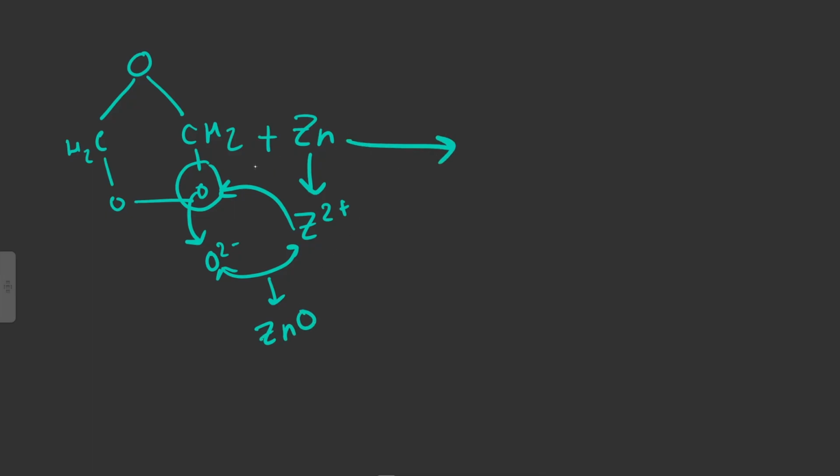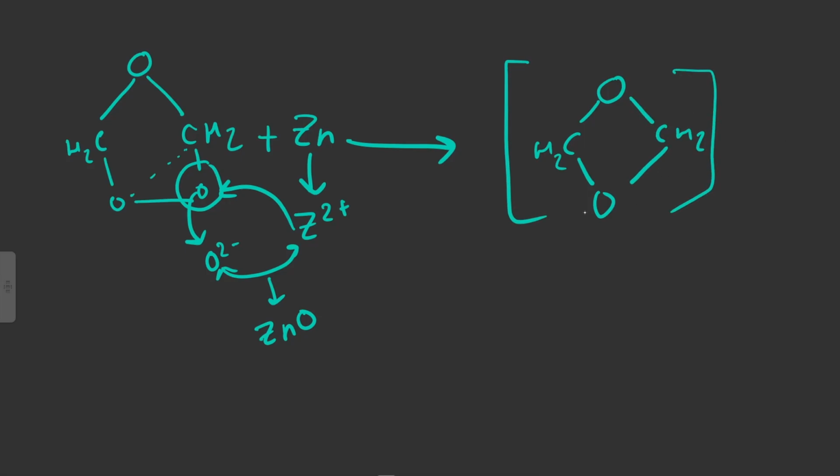And what happens after that? This oxygen is gone. These two form a bond, and CH2, boom, CH2, boom. And this compound over here is called 1,2-dioxolane. Yeah, that's what it's called.